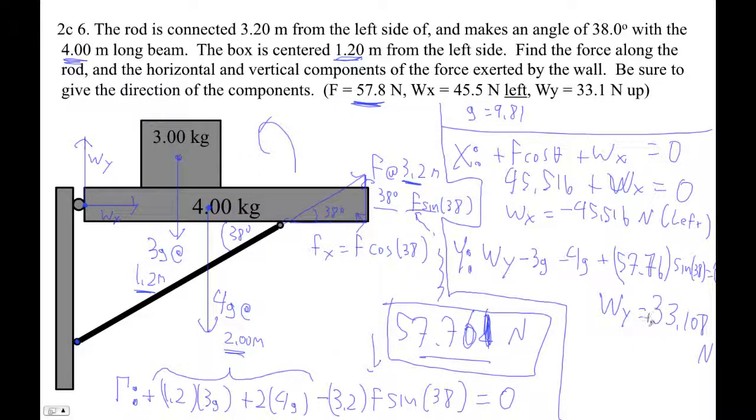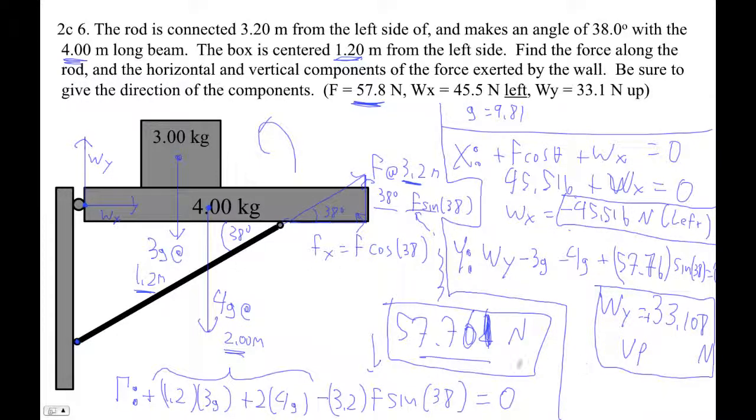The fact that it's positive means it's up because we guessed. At most, we guessed that Wx was in the right direction. We got negative, so therefore it's left. Ta-da. Would have been kind of fun to put that thing out far enough. Now, if you put it in close enough, that is, if you keep moving it this way, eventually this becomes like a tipping point, and Wy would actually be downward.